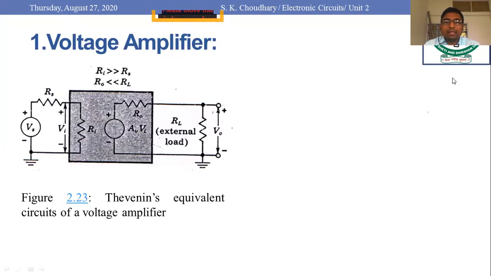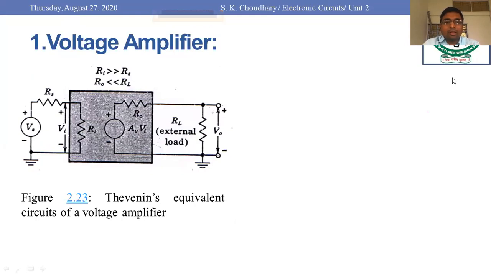First is the voltage amplifier. So what actually is the voltage amplifier? Whatever diagram is shown in the lecture, please note it down. It is very useful and also mandatory, otherwise you will not understand the concept.